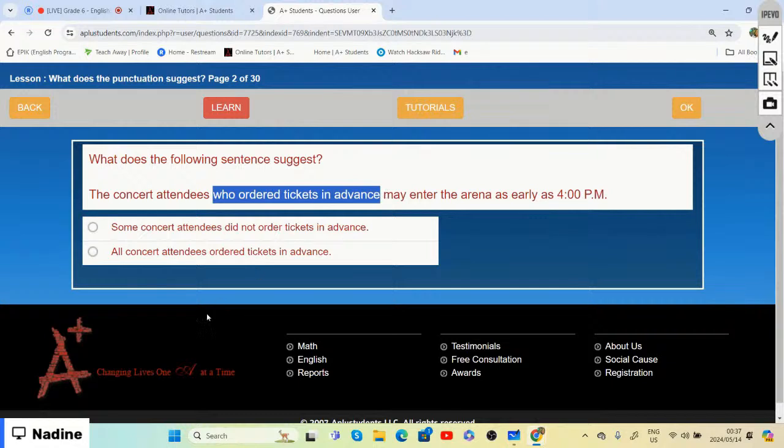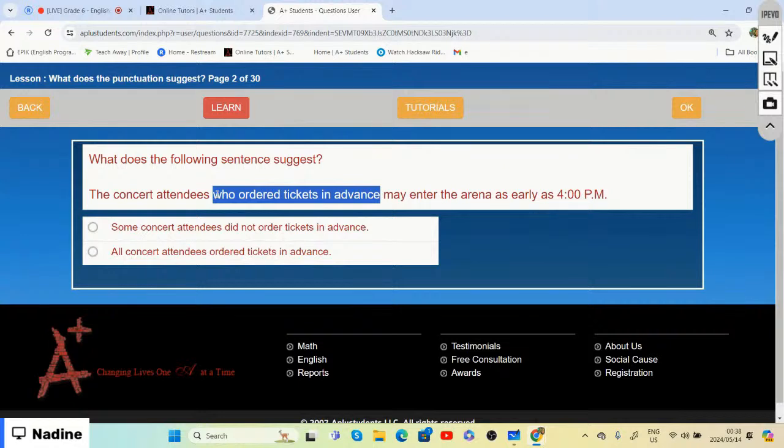So now the options are: some concert attendees did not order tickets in advance, or all concert attendees ordered tickets in advance. So if you look at this sentence again, it says the concert attendees who ordered tickets in advance may enter the arena as early as 4 p.m.